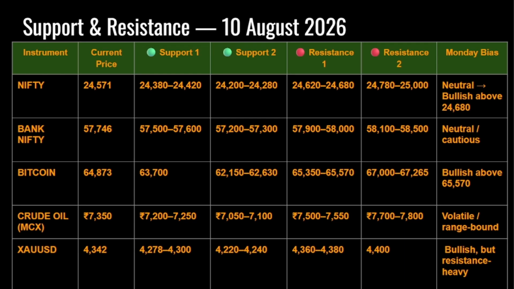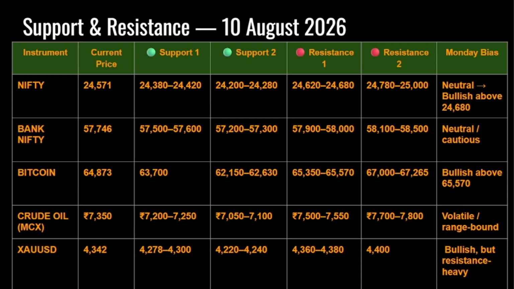Coming to Bitcoin, Bitcoin is around $64,873 in our reference data. The first major support is $63,700. The second support zone is $62,150 to $62,630. On the upside, the first resistance zone is $65,350 to $65,570.